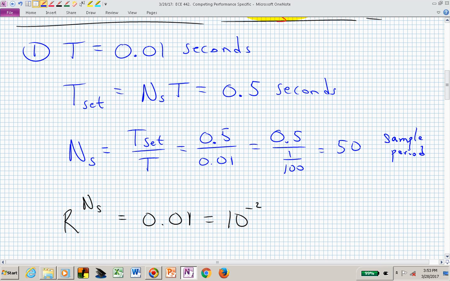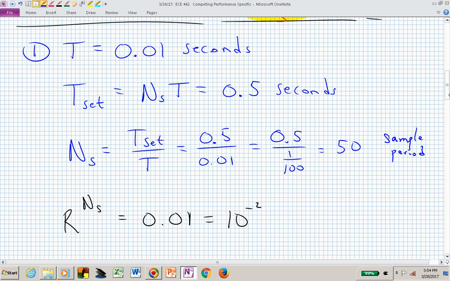And we know for a 1% settling time that we need to raise that radius to the n sub s power, and that will collapse us down to 1% of where we started. Or r raised to the n sub s is 0.01, or 10 to the minus 2. We're given n sub s, and the right-hand side is 0.01, or 10 to the minus 2.